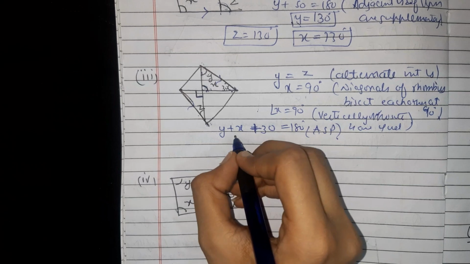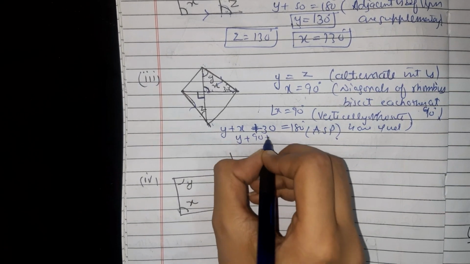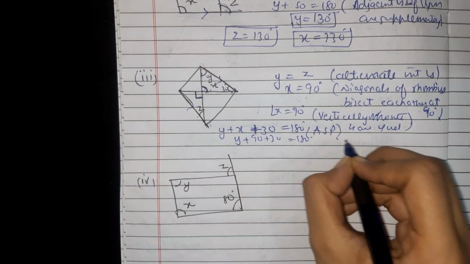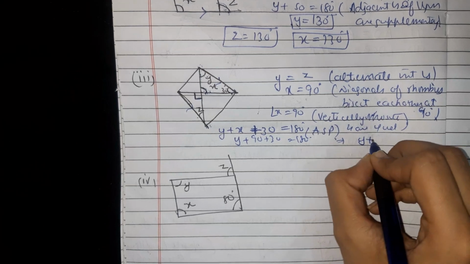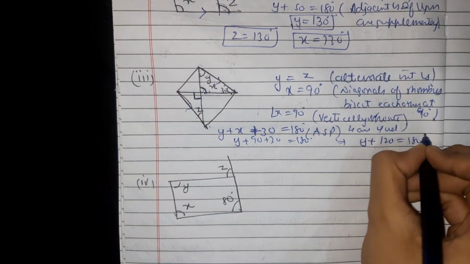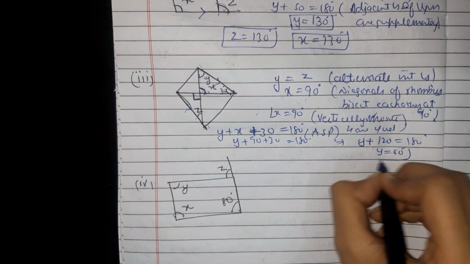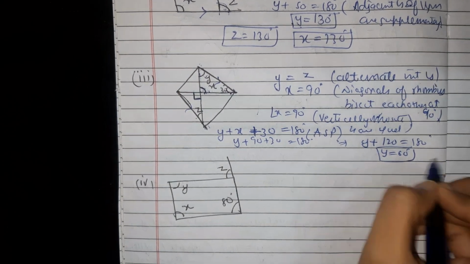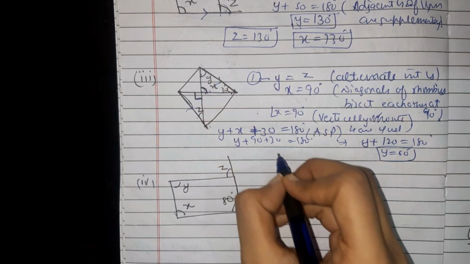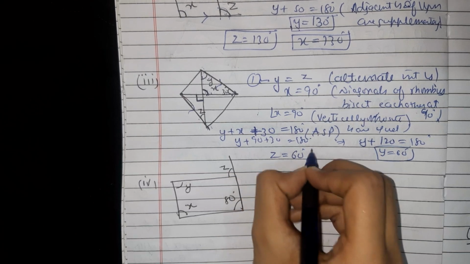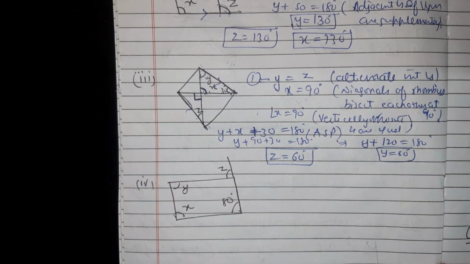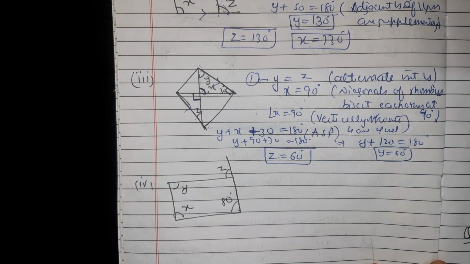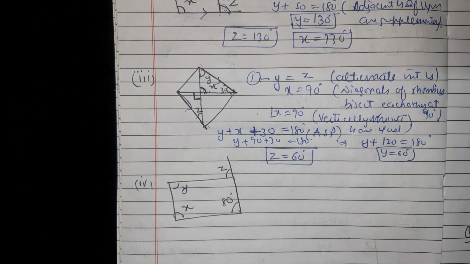So we know the value of x, y plus 90 plus 30 is equal to 180, y plus 120 degrees is equal to 180. So y is equal to 60 degrees. Now substituting the value of y in equation number 1, we will get the value of z, which is 60 degrees. So here we have all the values of x, y and z.